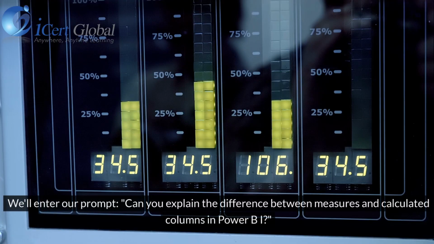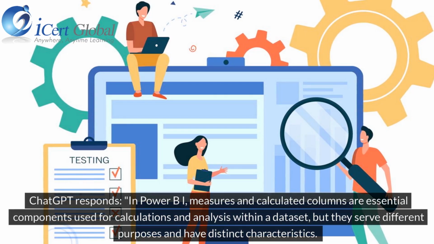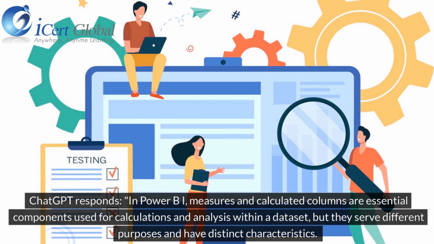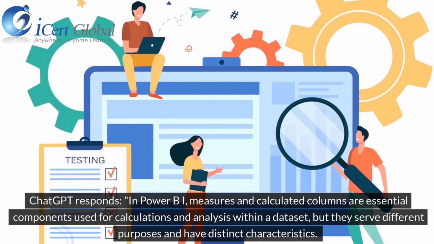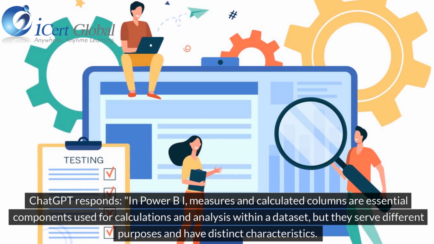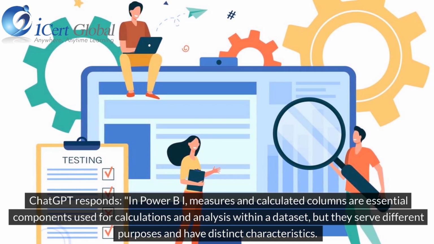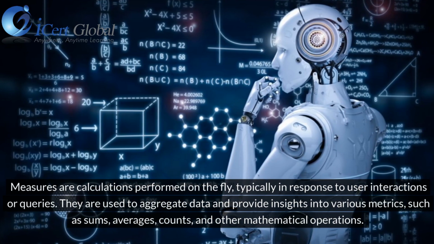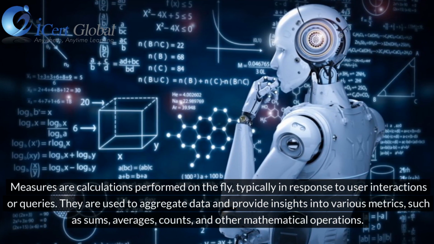We'll enter our prompt: Can you explain the difference between measures and calculated columns in Power BI? Chat GPT responds: In Power BI, measures and calculated columns are essential components used for calculations and analysis within a dataset, but they serve different purposes and have distinct characteristics. Measures are calculations performed on the fly, typically in response to user interactions or queries.